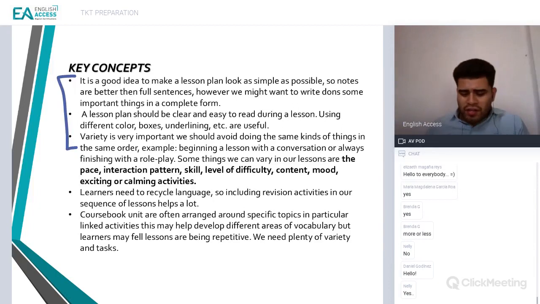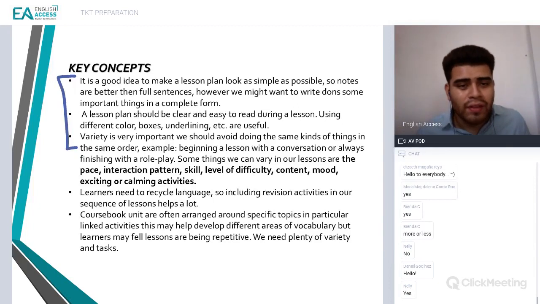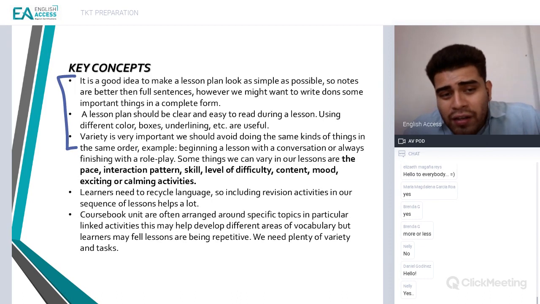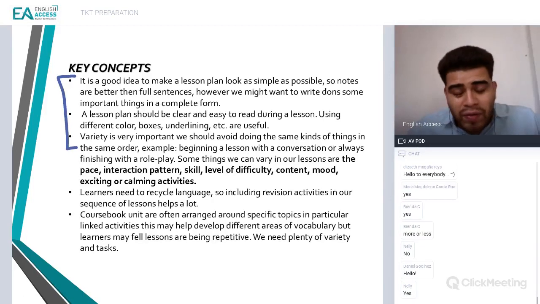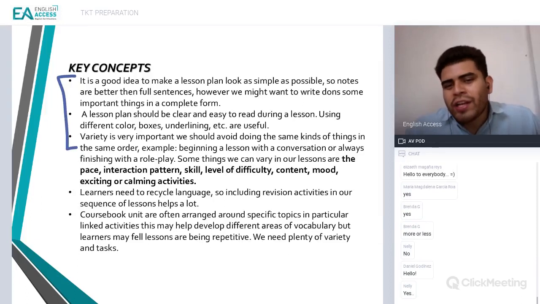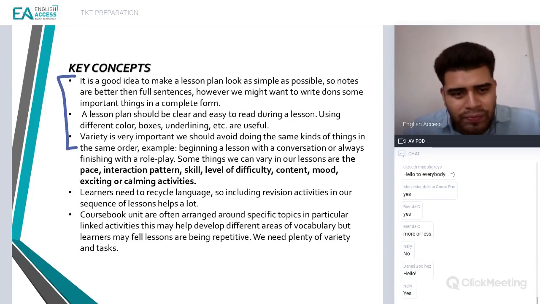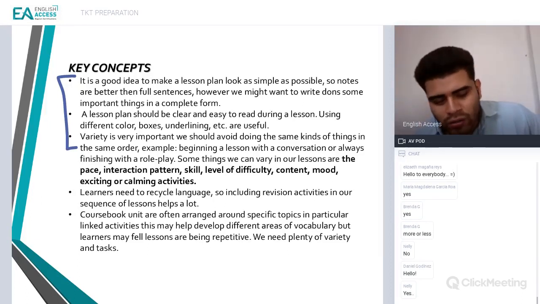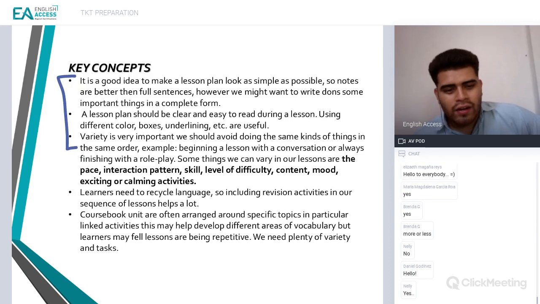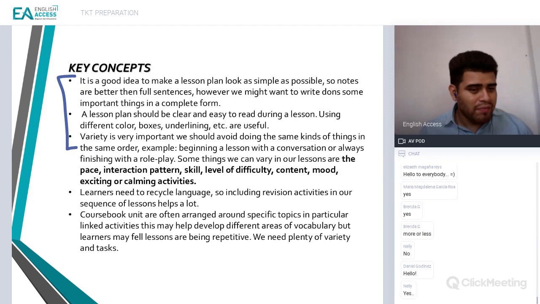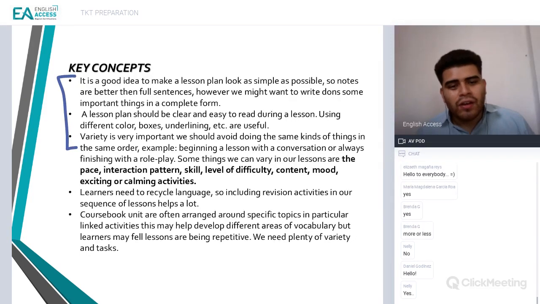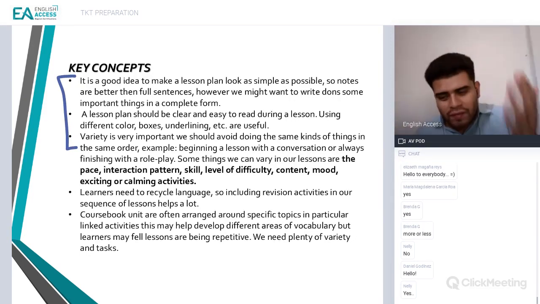Some teachers color their plannings. They underline, they put boxes, some even draw. Some draw the activities. Now it all depends on you and your style. Personally, I can't draw, and I prefer simple things, so I just keep my lesson plan following the guidelines, but very simple.